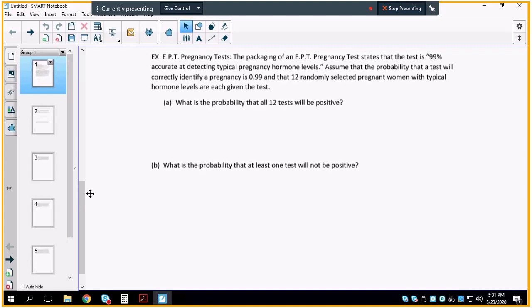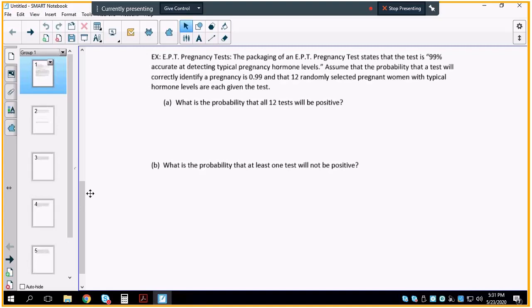So I want each of these 12 tests to be positive. What I want you to understand is the first person's test result being positive has no implication for the test result being positive or negative for the second person, and so on.